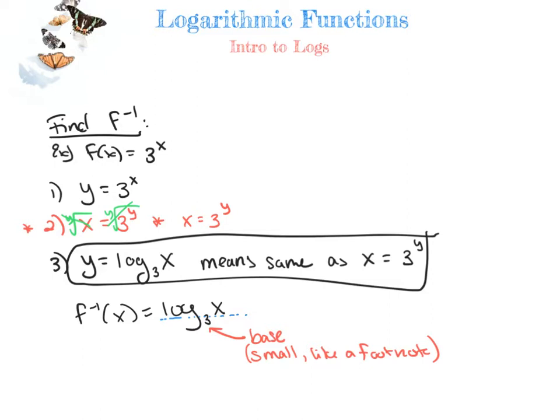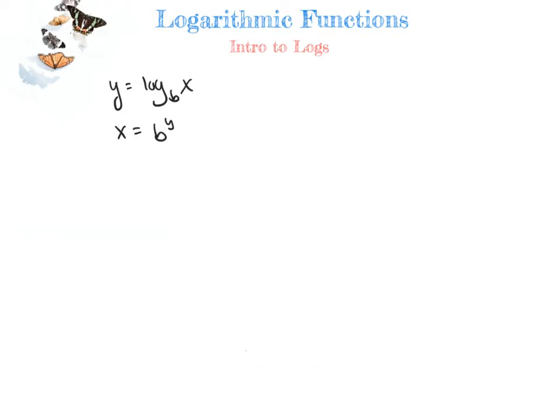Okay, so using that information, let's just practice converting back and forth between this form, the logarithm form, and this form, the exponential form. Okay, so we have our 2 forms written here in a generic way. We have y equals log base b of x.